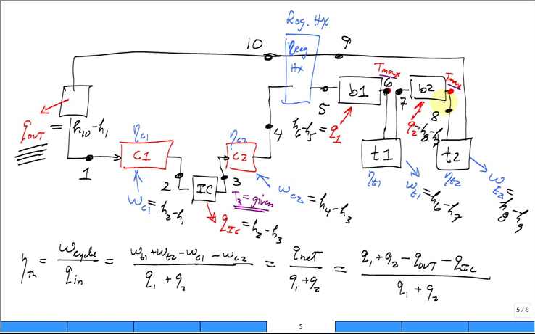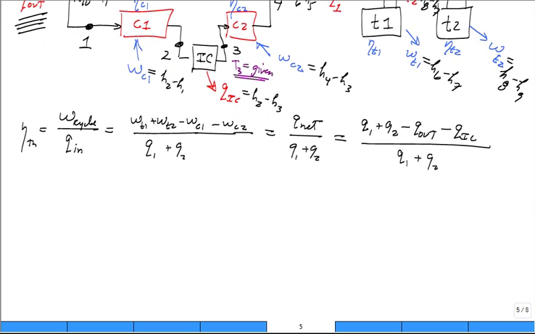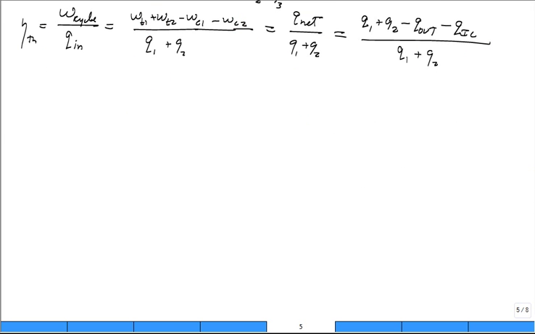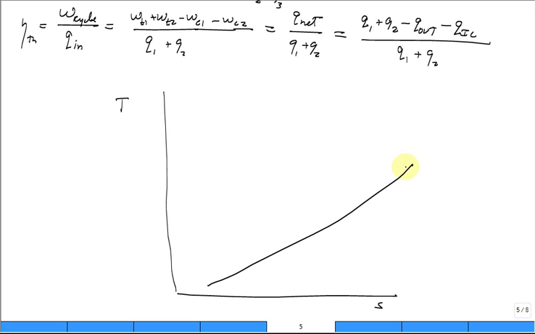Let's go ahead and sketch that. If you have a good diagram, a good sketch of it, let's sketch it on a temperature-entropy diagram. What we have is the low pressure, that's a line of constant pressure, and we have the absolute high pressure.